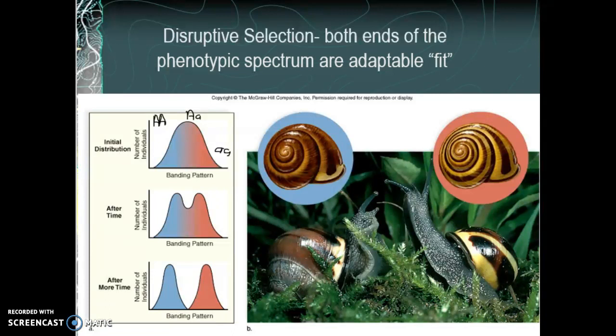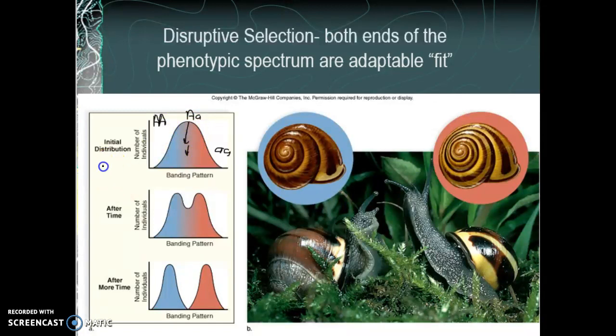They're not fit. In the snail example here, it's all based on the color of your shell. Predators maybe are eating all the average snails, the heterozygotes, but they're not eating as many of the homozygote dominants or homozygote recessives. So consider if this number of individuals in the population decreases, you're over here.